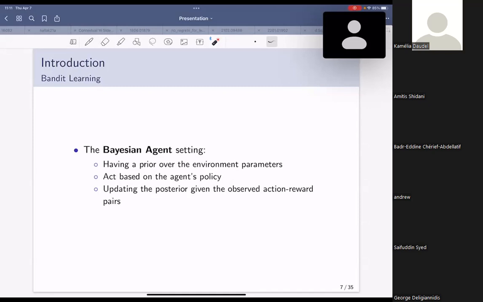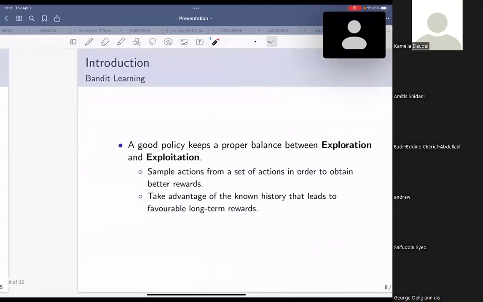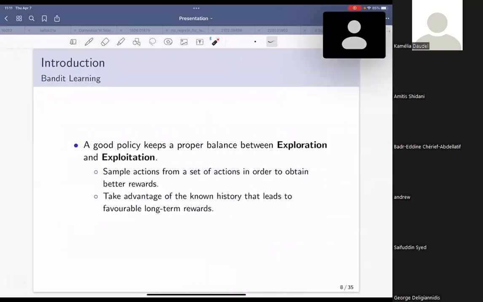It's just the notations. And as I said, a good policy is a policy that tries to find the optimal action, which means to estimate the theta parameter better and better. So a good policy should keep a good balance between something called exploration and exploitation.